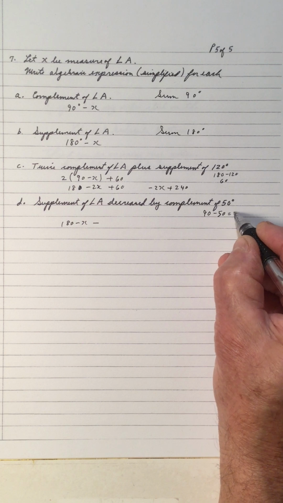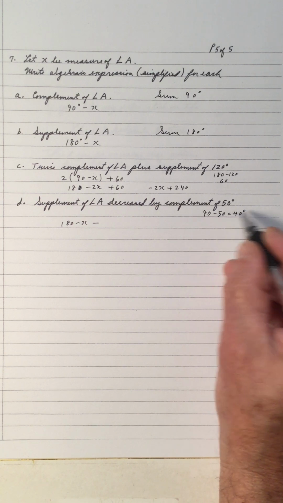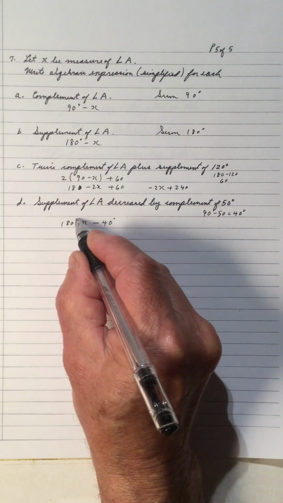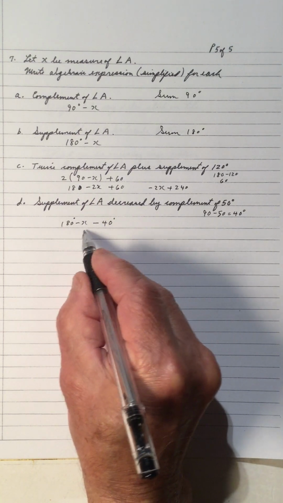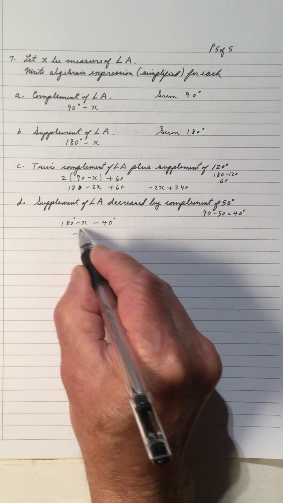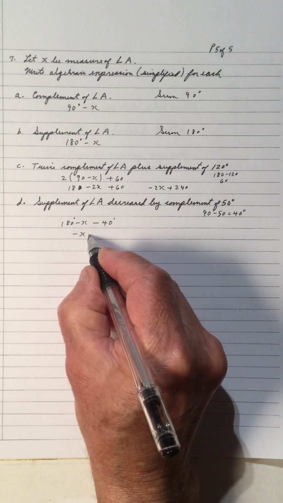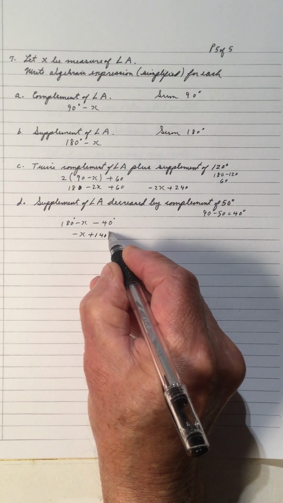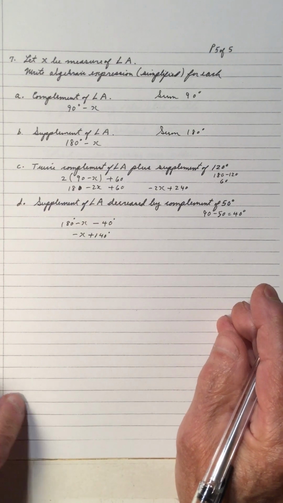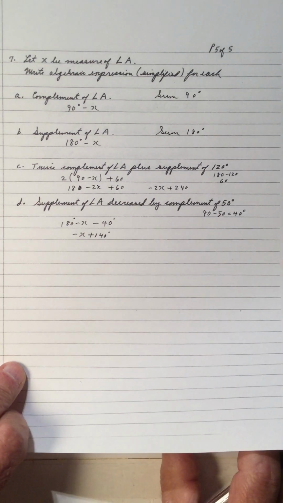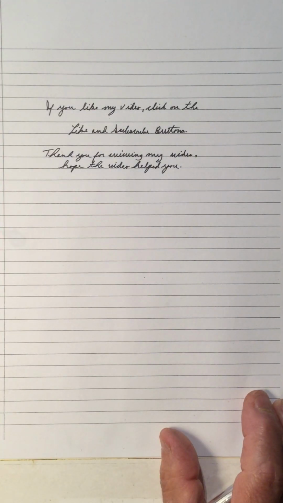So the complement of 50 is 40, because 50 and 40 add up to 90. So it's minus 40. Again, I could have degree symbols here. So you could have negative x, 180 minus 40 is 140. And again, you could have a degree there. So it's negative x plus 140. We write it down with x first.